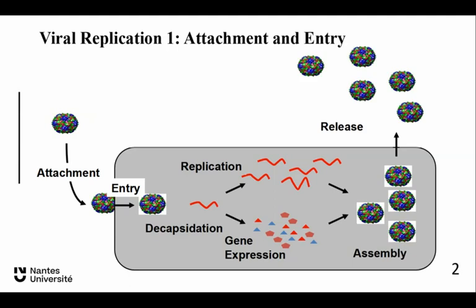So all of these steps have to work in order to go from 1 virus to 5 viruses released from this infected cell here. And if you can somehow block one of these steps, then you can stop virus replication.